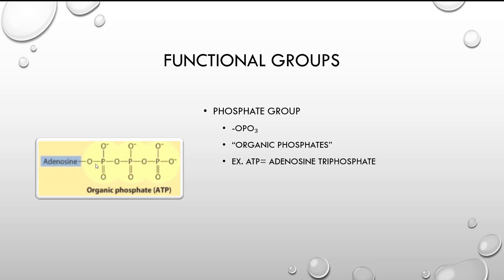That is an organic phosphate. In this case, this is an organic molecule called ATP, adenosine triphosphate. We have adenosine, which is actually a nucleotide related to nucleic acids. We'll talk about that in the next lecture. And then we have 3 phosphate groups attached. So adenosine tri means 3 phosphate.